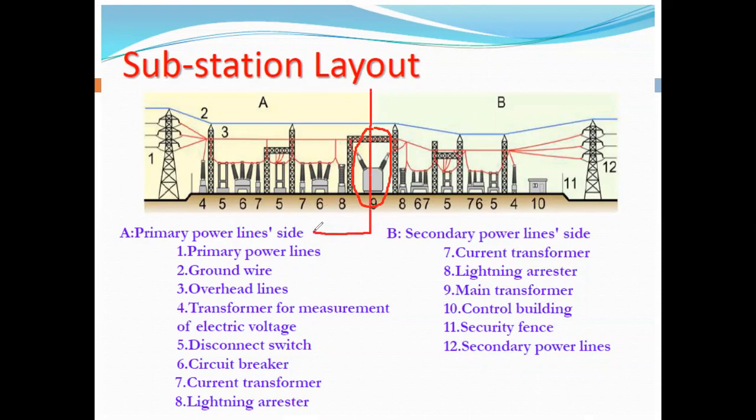This is section A and this is section B. Section A is called the input or incoming section, and B is called the outgoing section. The incoming line comes at number 1, this is called a transmission tower, and the supply comes first from the primary power transmission line.